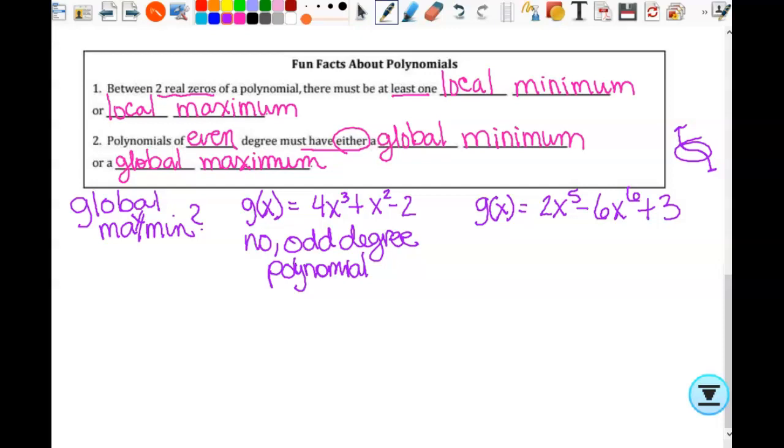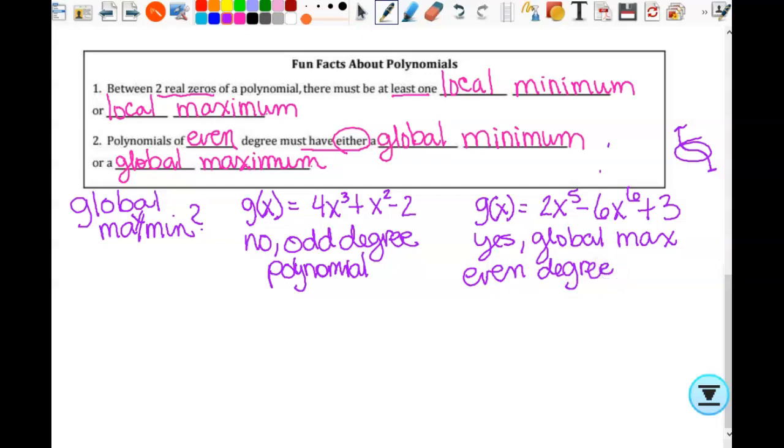It's an even numbered. So am I guaranteed to have one or the other? Yes. So now I have to know which one. Is this opening up or down? Down, so I have to have a maximum. So I can say, yes, I have a global max. And my reason is this is an even number, or even degree, I keep saying number, sorry, degree polynomial.